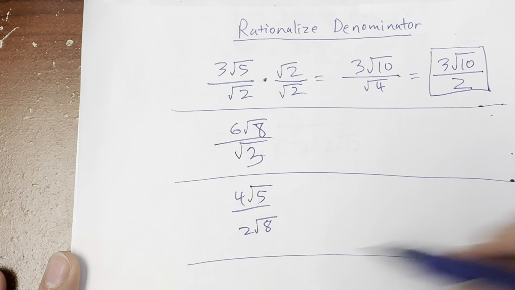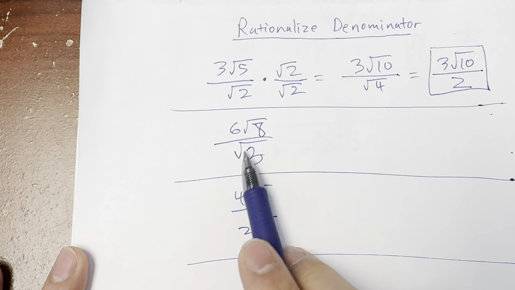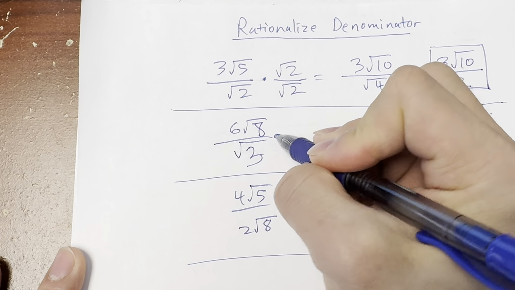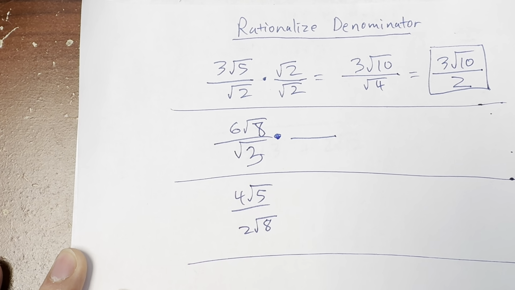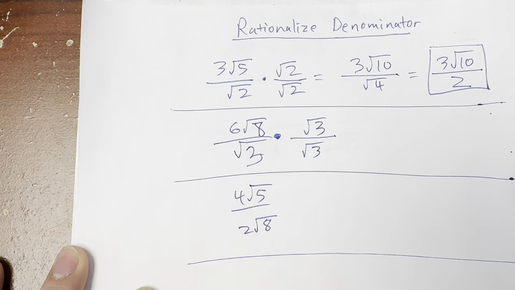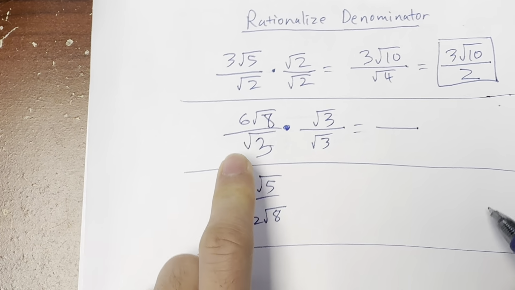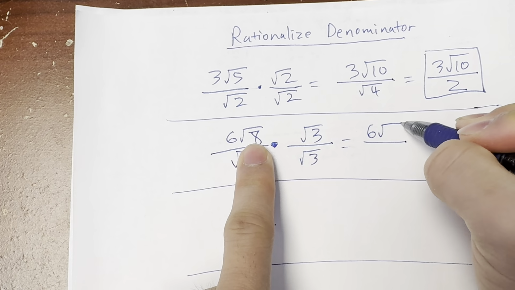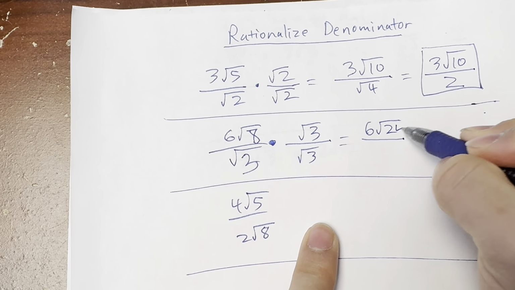Let's do it two more times, okay? In this case, I see the square root of 3 here. It's irrational. I need to rationalize the denominator. So I'm going to multiply everything by the square root of 3. Easy peasy, right? Let's go ahead and do this. 6 times 1 is 6, and root 8 times root 3 is going to be root 24.